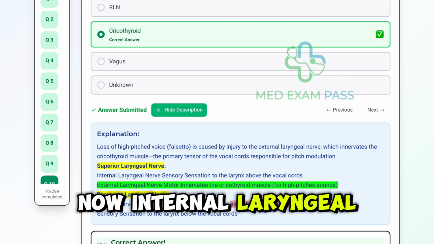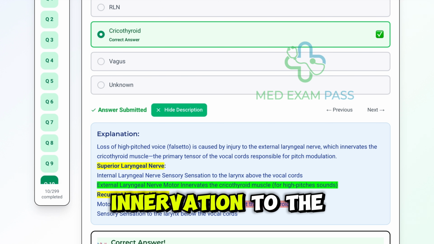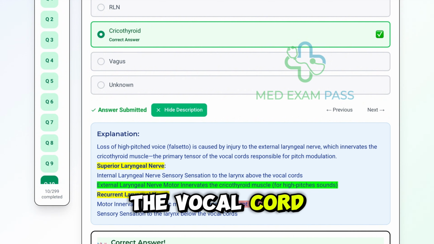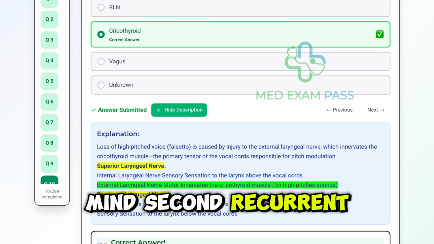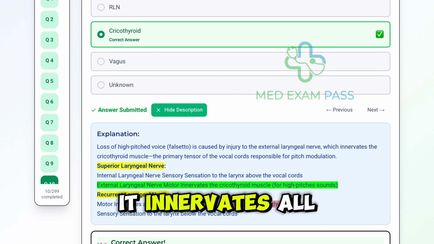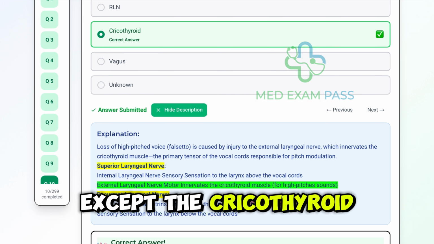Now, the internal laryngeal nerve, which is a branch of the superior laryngeal nerve, provides the sensory innervation to the larynx above the vocal cord. Injury causes loss of sensation, leading to aspiration risk, but does not affect voice pitch. Keep that in mind. Second, the recurrent laryngeal nerve innervates all intrinsic muscles of the larynx except the cricothyroid muscle.